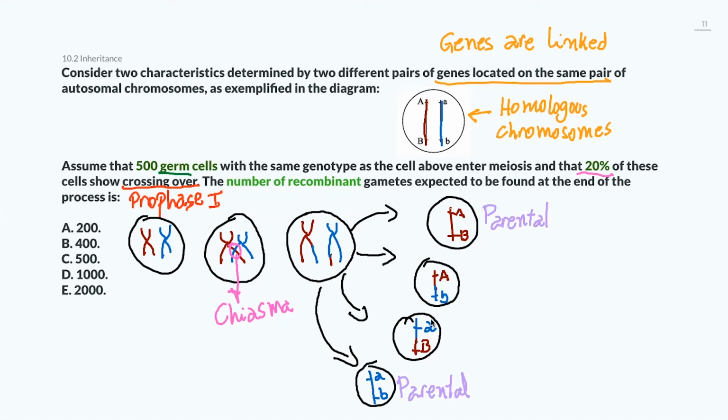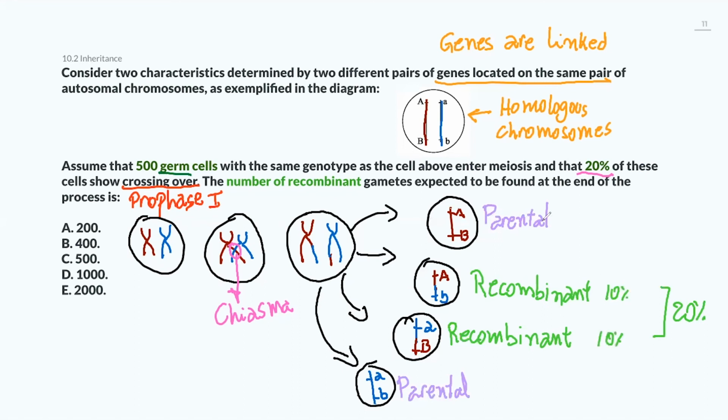And these 2 chromosomes that did not exist in the mother cell, they are recombinant. What about these 20% here? Well, 20% of these cells are recombinant. That means 10% each. And 80% of the cells are parental. That means 40% each.